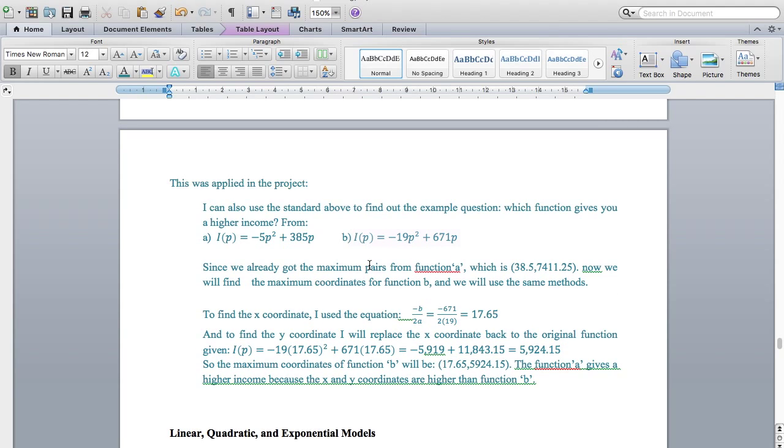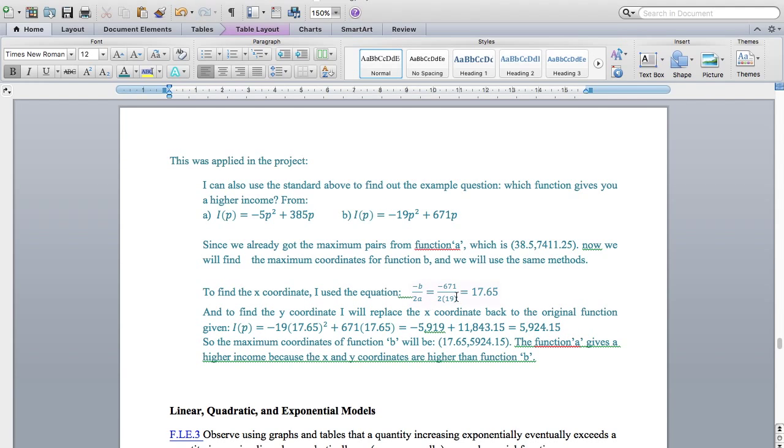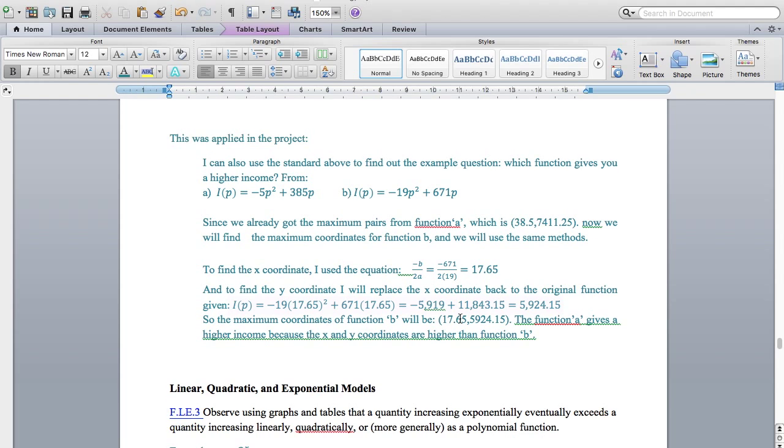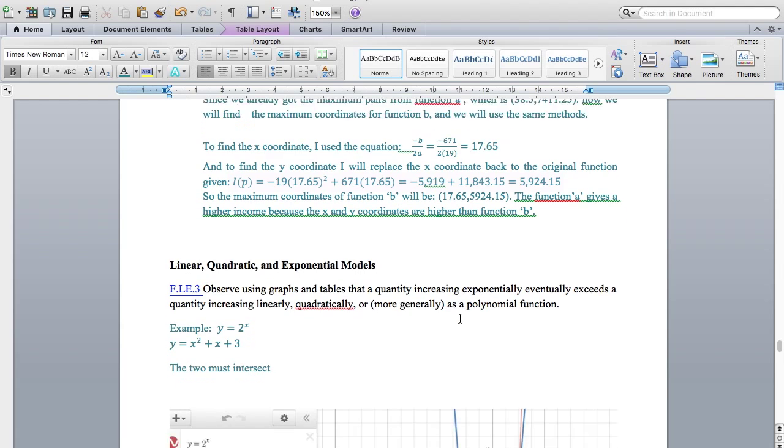So we have to find the answers to this quadratic function, which will be a maximum or minimum, and it will be the x and y, the highest point of the graph. So finding the x, negative b over 2a, replacing it back and getting the final equations and putting it in decimals, and we will get the final answer.